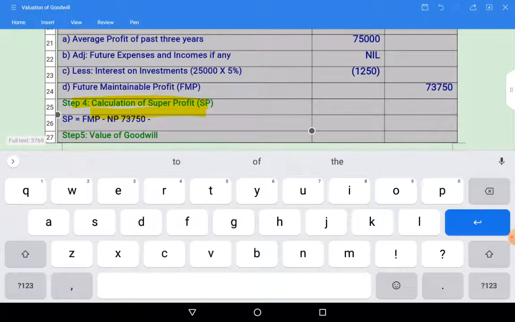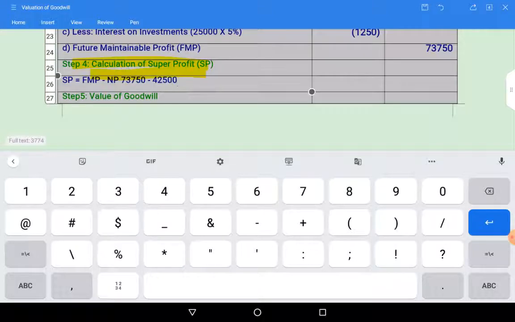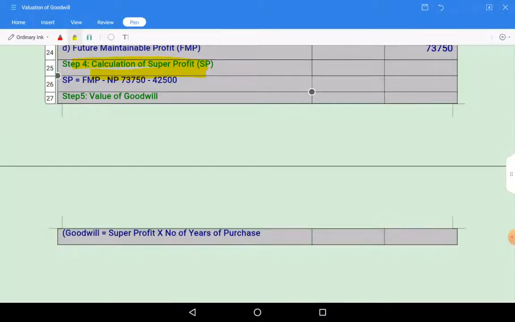In step 2 we have got 42,500, right? So if you deduct from 73,750, what will be the value? I'll write here, it will be easy.